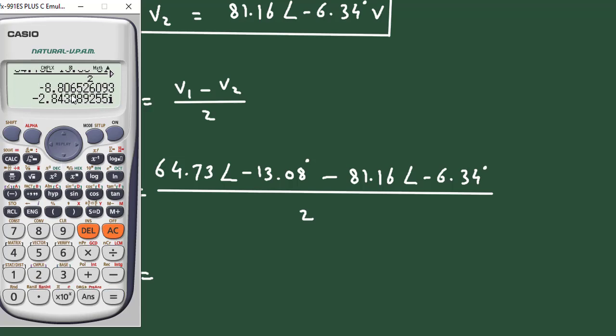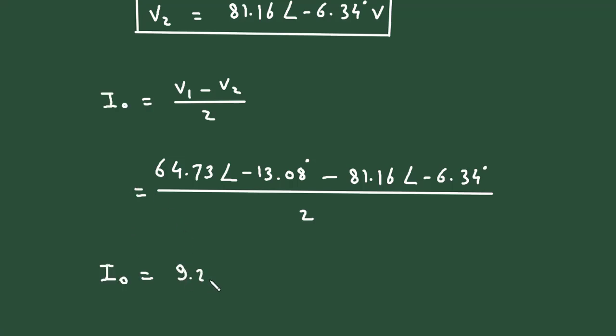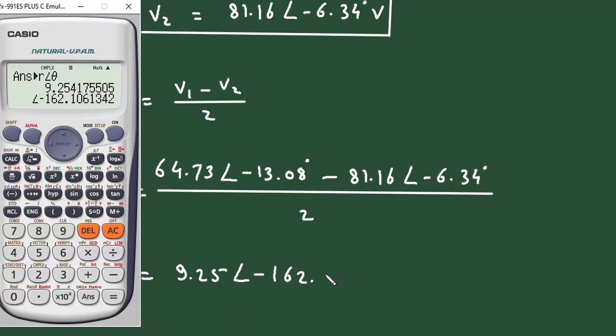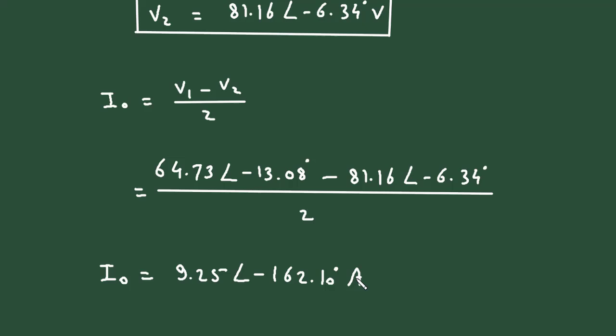It is equal to this much in rectangular form. In polar form it will be shift 2 and 3. So 9.25 at an angle minus 162.10 degree ampere.